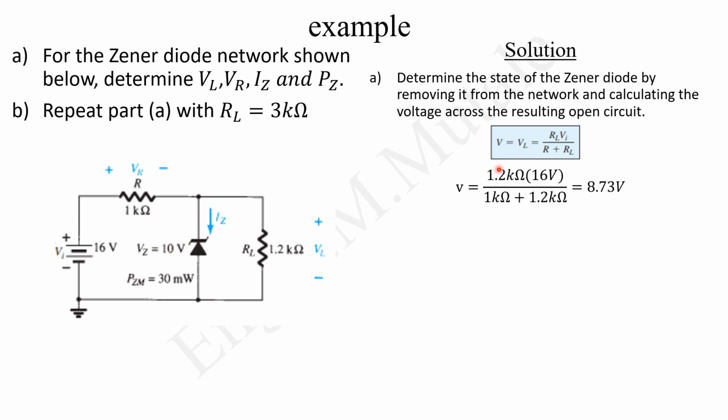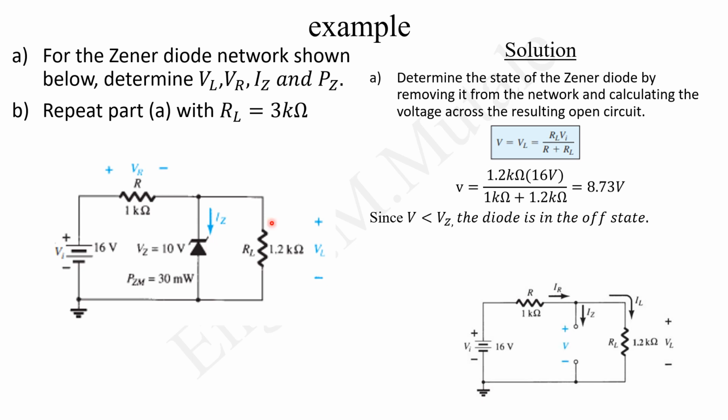So if V is less than the given value for the Zener diode, then this diode is in the off state. You remove it from the circuit and replace it with its equivalent, which is just an open circuit. You're going to have a series combination of this resistor and that one, with an open circuit here, and then you can calculate these parameters.